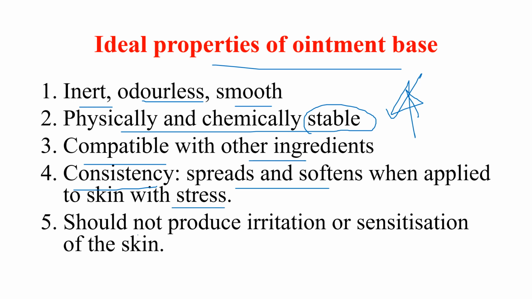And it should not produce any irritation or sensitization of the skin. So try to remember 3 to 4 ideal properties like inert, odorless, smooth, physically and chemically stable, compatible with all other ingredients. Consistency should be maintained so that it spreads easily onto the skin, and it should not produce any irritation or sensitization.